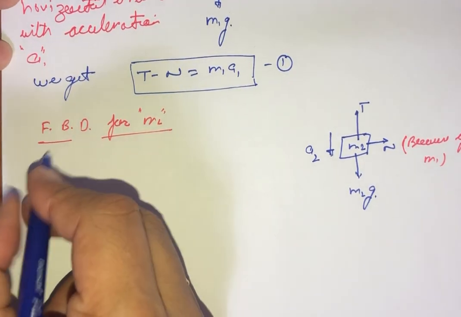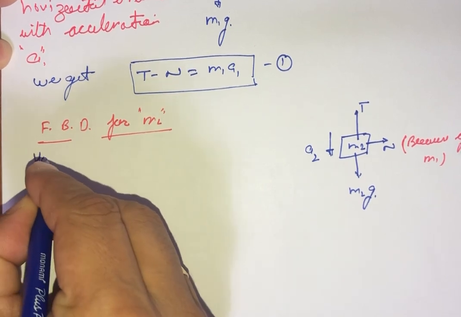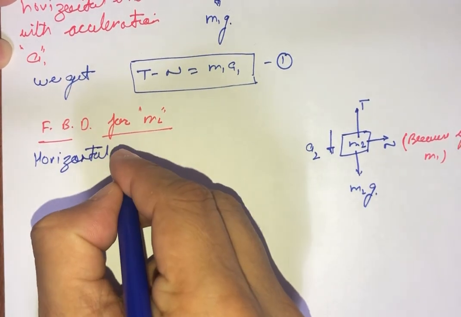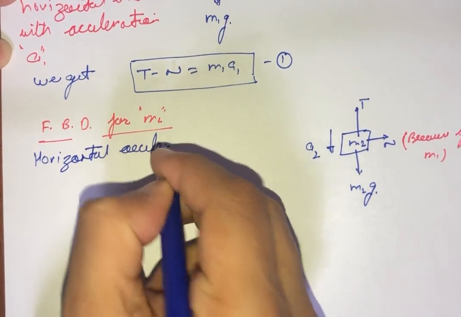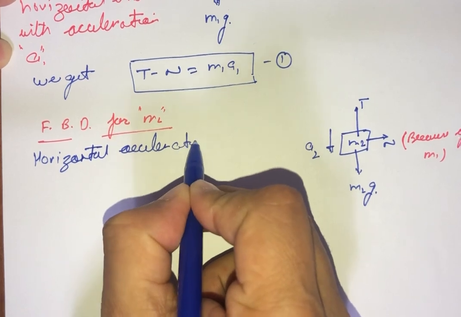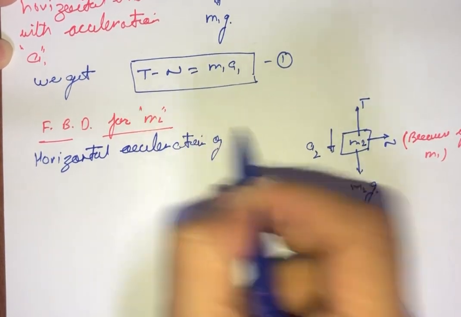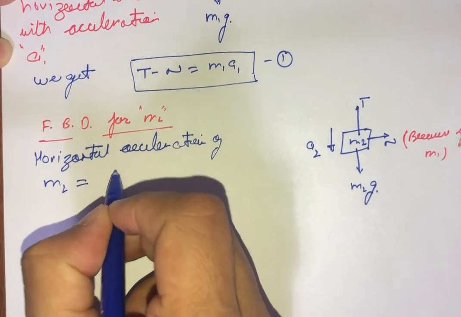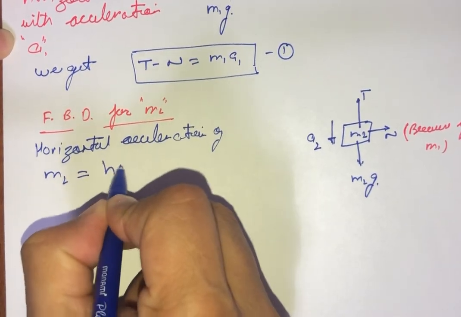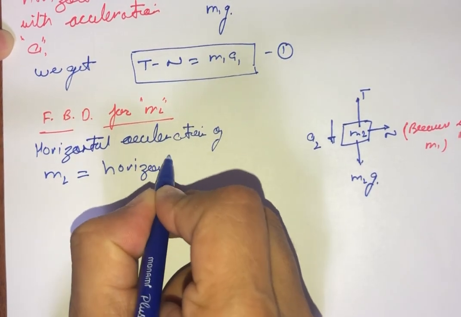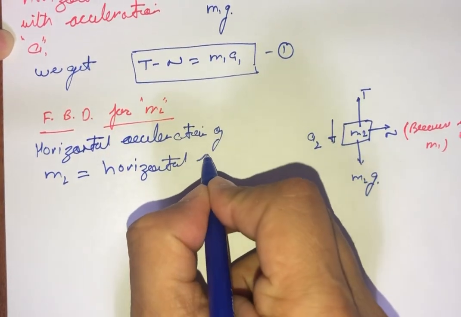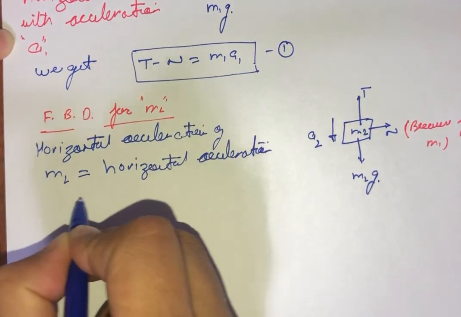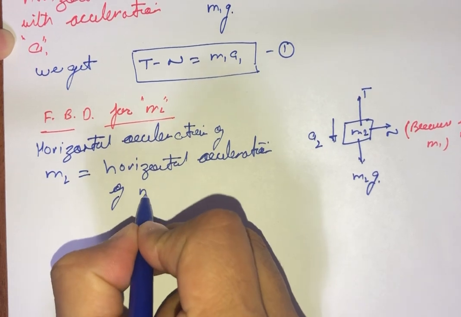So you can say that horizontal acceleration of m2 is equal to horizontal acceleration of m1.